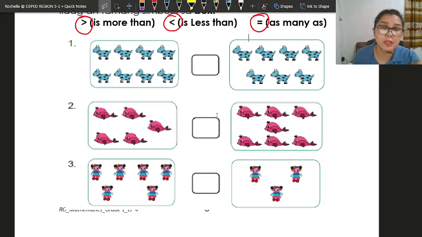So, either you can count them on the screen while you are viewing this, or pwede rin you just base it on your module, if ever it's clear. I have not checked the black and white kung nakita ito.